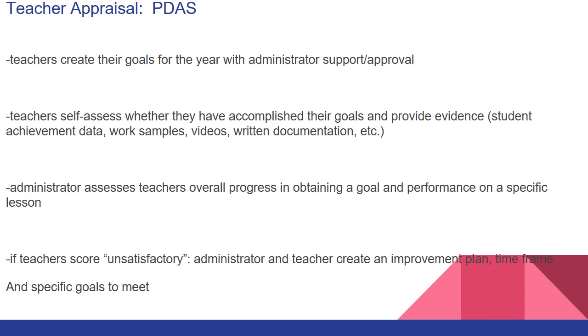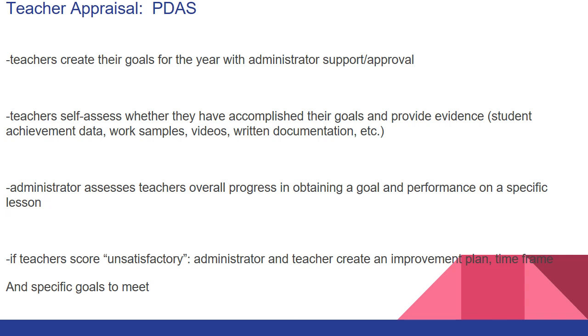So they have to use things like student achievement data, work samples from students' work, or examples of activities or lesson plans, maybe even videos or written documentation. All of these are examples that the teacher uses to explain whether or not they have been successful in meeting their goals. Then the administrator assesses the teacher's overall progress in obtaining those goals.